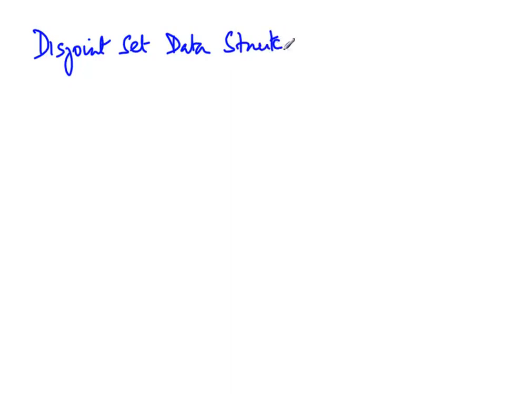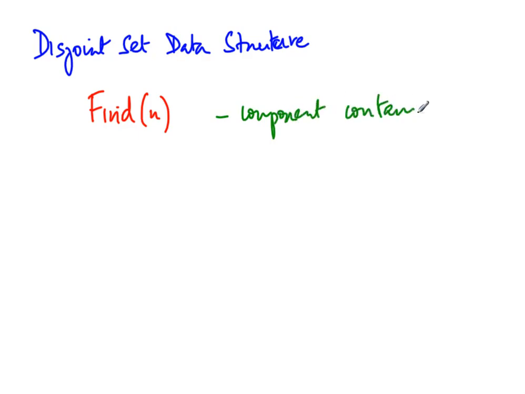So what the disjoint set data structure does is it allows us to keep track of these components, so that we have these two operations: find of u, which returns the component containing u, and a union operation which allows us to take two components and combine these components.